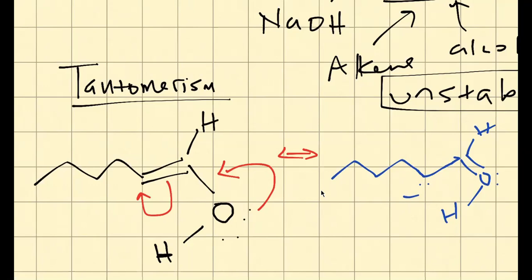Anybody not see that? So I used the lone pairs on oxygen to make a carbon-oxygen pi bond, and then I broke the carbon-carbon pi bond. And now that's a lone pair on carbon.